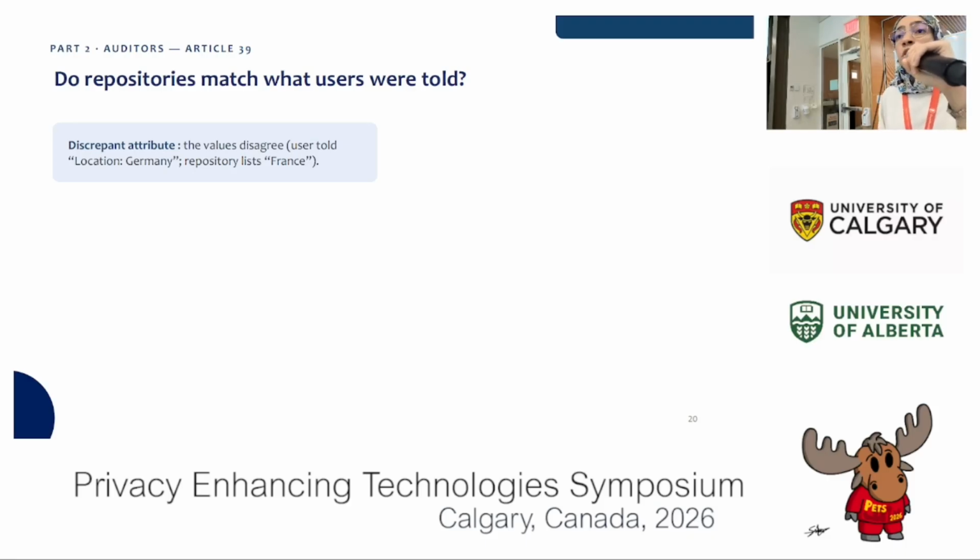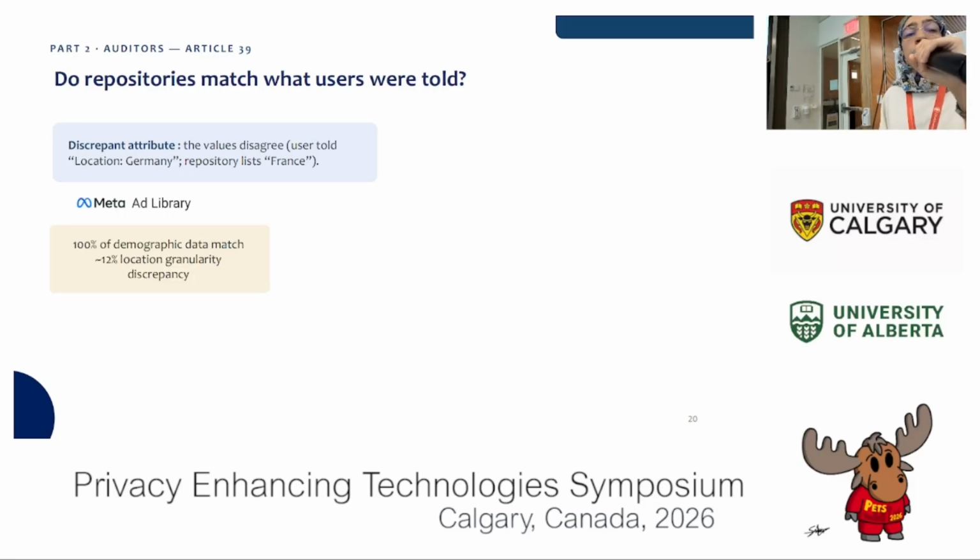The second measure of accuracy is discrepancy, where the targeting criterion is shown both to users and in the ad repository, but with different values. On Meta, almost everything is consistent, with a small location granularity gap. On Google, it's too vague to compare.